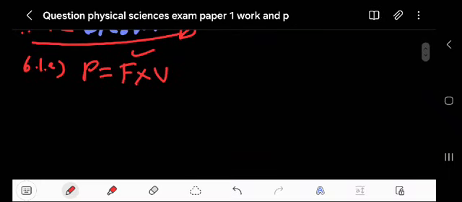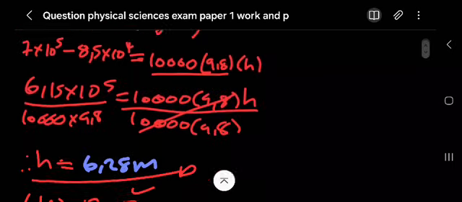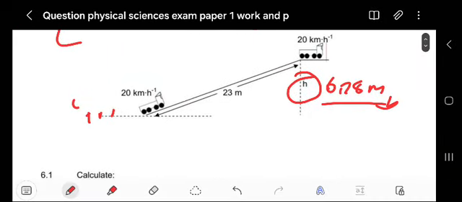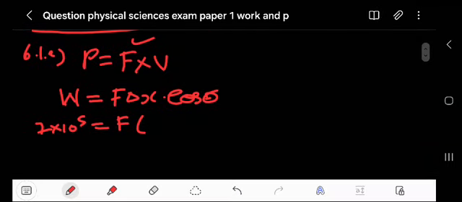So as you can say, W because it's work. I will use the work formula, which is force multiplied by change in x multiplied by cos theta. The work you've given there was 7 times 10 to the power 5. We want the force. The displacement is 23, the distance traveled there.